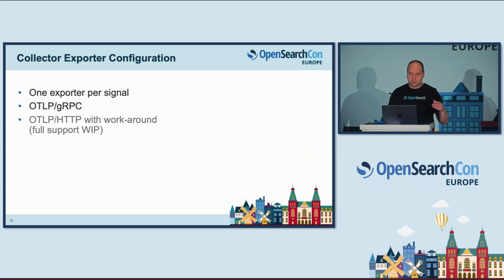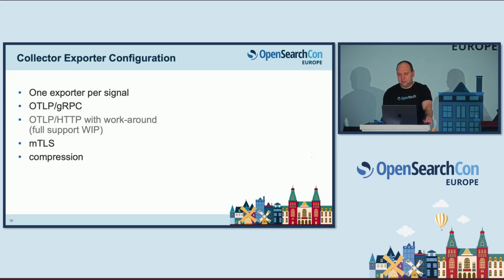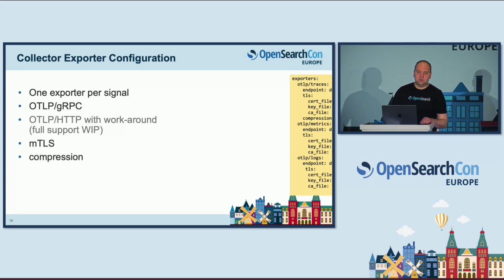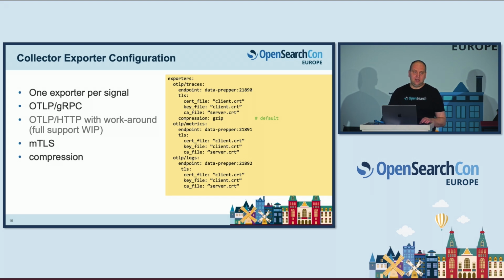There's a pull request that will add that hopefully soon, but there's still some work to be done. We can use mTLS if we want, and by default it uses compression, which we can also disable. A usual configuration would look something like this. You don't have to read through all of this. It's more for later browsing. You will see this a lot, but you can get the idea of how this works.